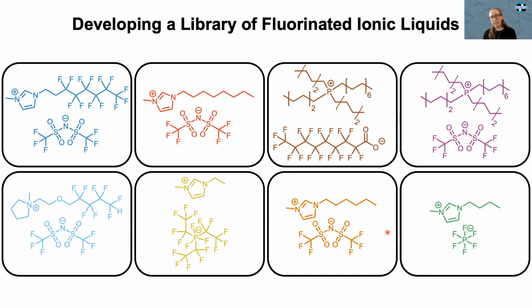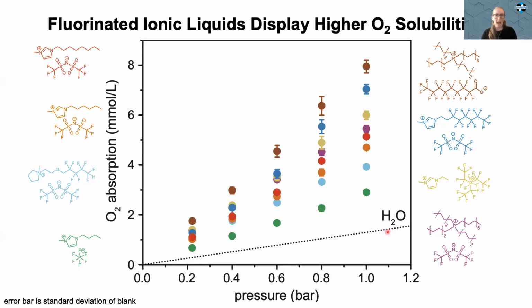The very first thing that I did on this project was to actually make these and then measure their oxygen solubilities, because they often hadn't been measured before. And all of that data is summarized here. What I'm plotting on the y-axis is the oxygen absorption in millimole per liter as a function of pressure. What you can see is that in general, the ionic liquids that have no fluorination or very little fluorination, such as this green structure, have very low oxygen absorptions.